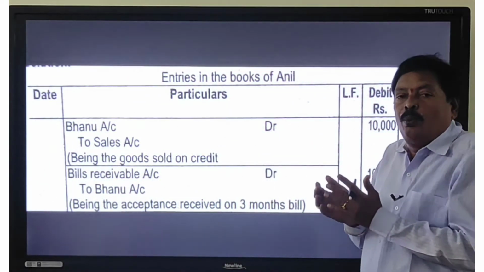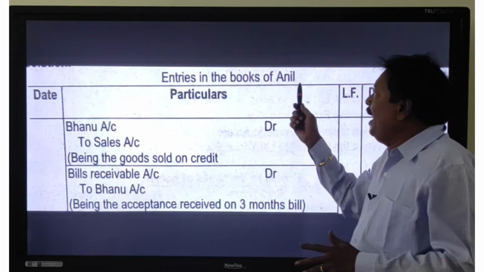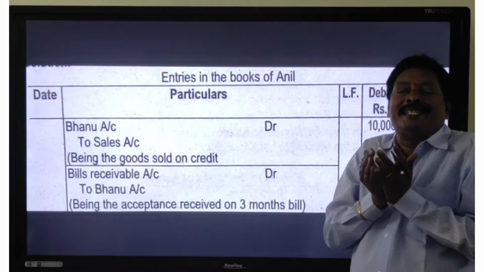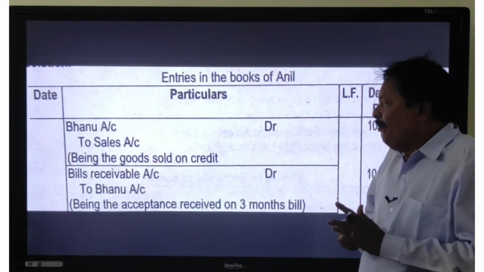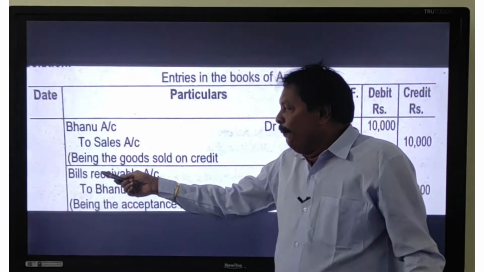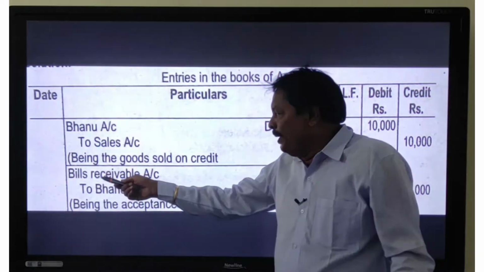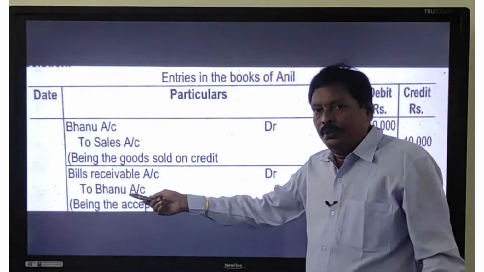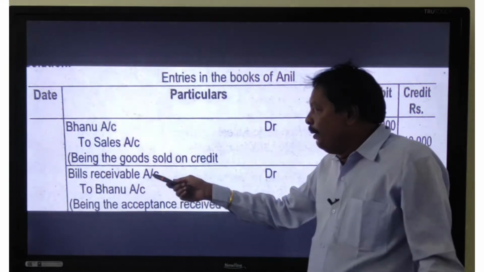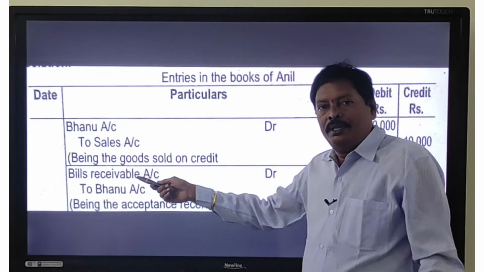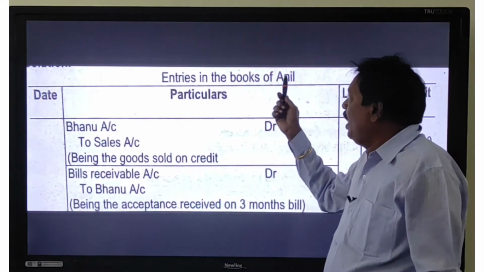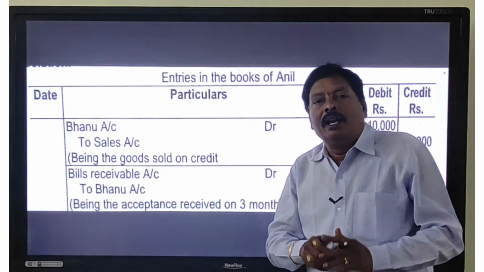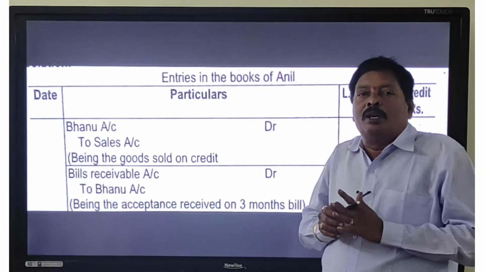After selling the goods to Banu, Anil immediately draws a bill on Banu and gets his acceptance. For this transaction, the journal entry is bills receivable account debit to Banu account. In this transaction, bills receivable is a real account and an asset to Anil. As per the real account principle, debit what comes in.